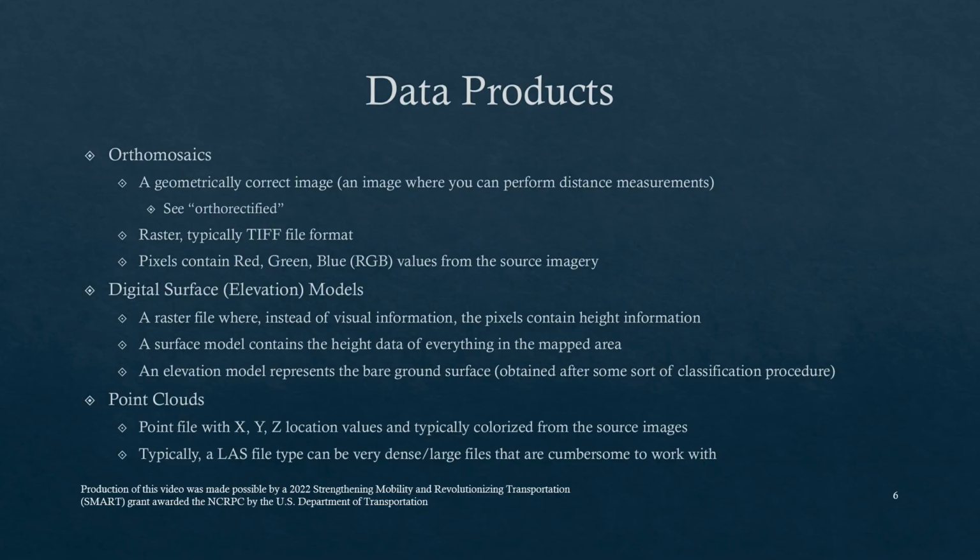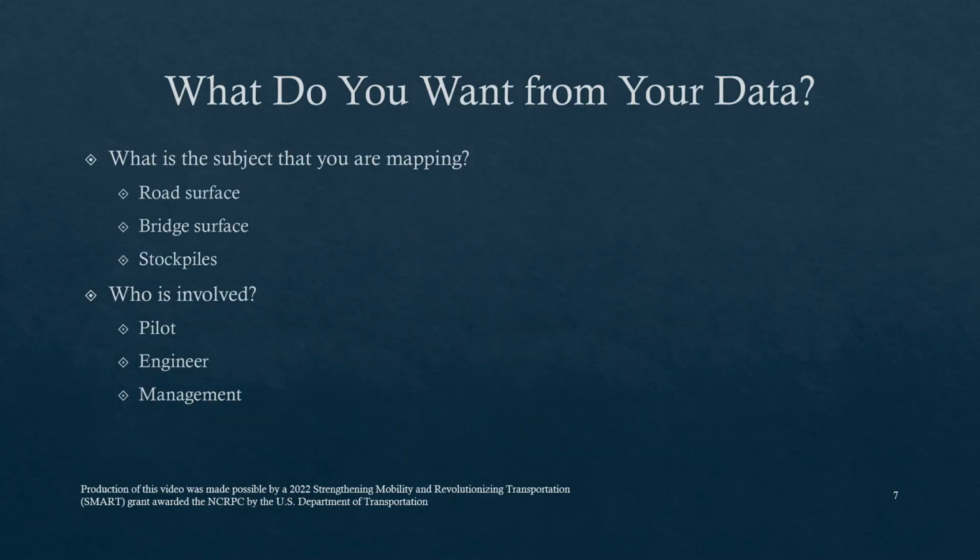So that's important to note if you ultimately want to generate some sort of vector file type like a contour or something like that. And then point clouds are also able to be generated from photogrammetry data. This is exactly the same type of file as is produced from LiDAR data.